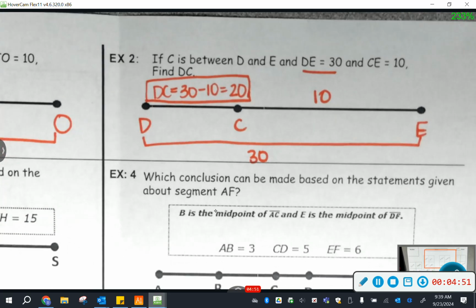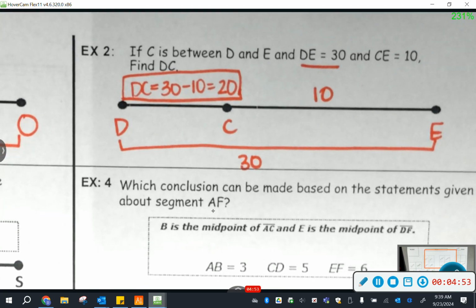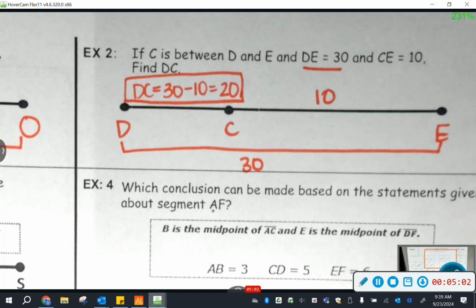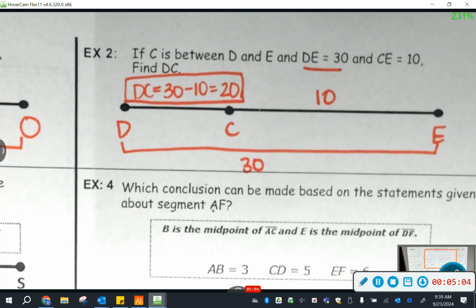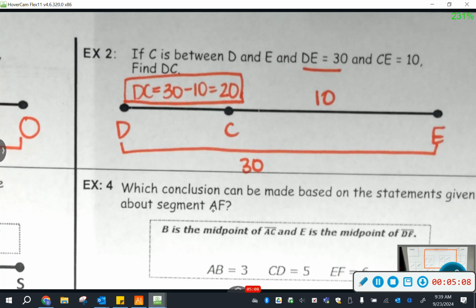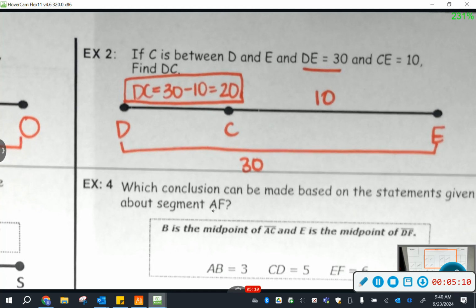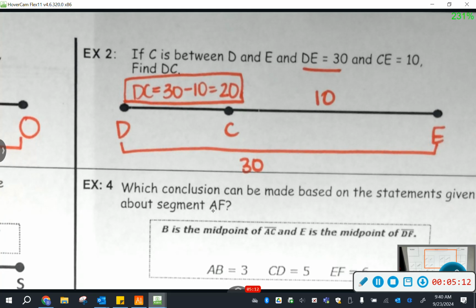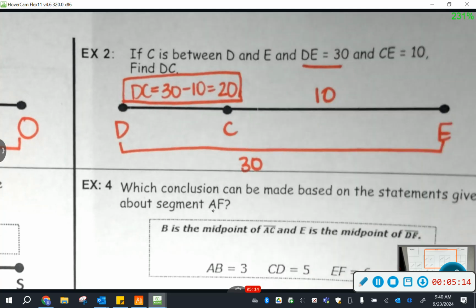Now, are we going to stay that easy? No. We're going to get a little bit more complex here. This next question is a test question. It says, which conjecture can be concluded based on the statements?